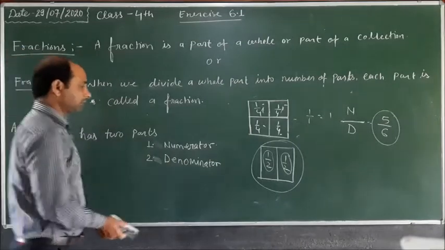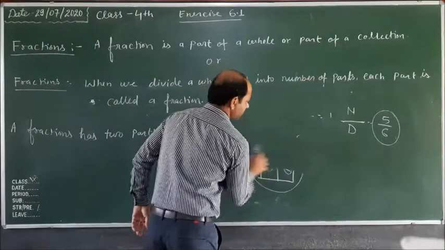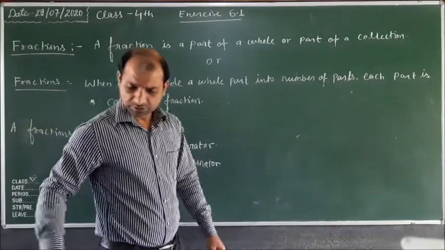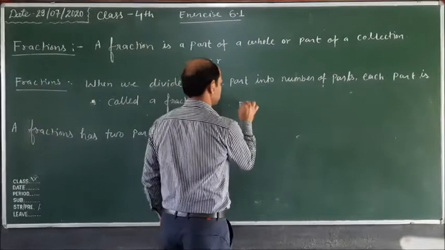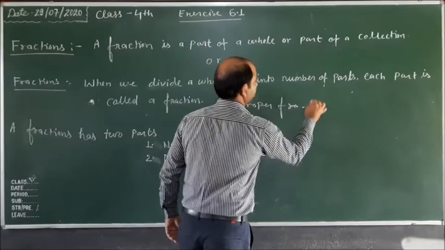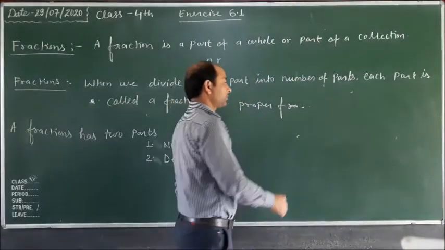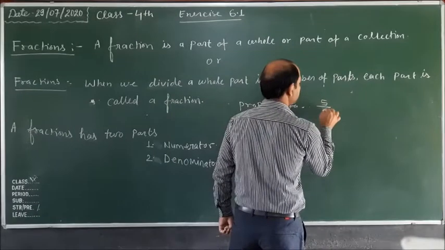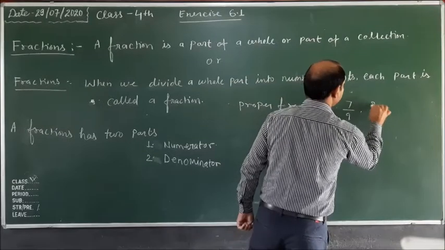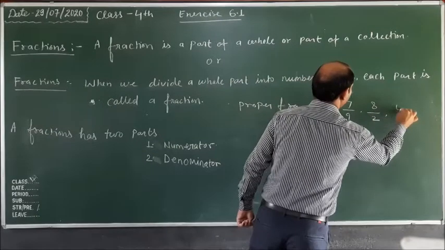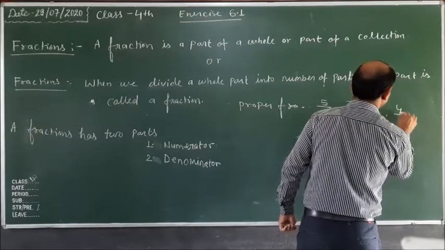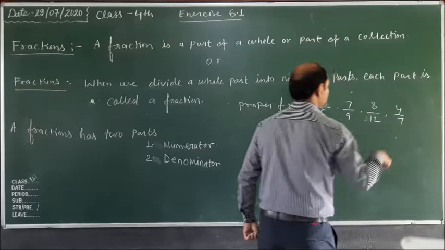So dear children, now next, there are so many types of fraction. First I will tell you the proper fraction. What is a proper fraction? 5 upon 6, 7 upon 9, 8 upon 12, 4 upon 7.